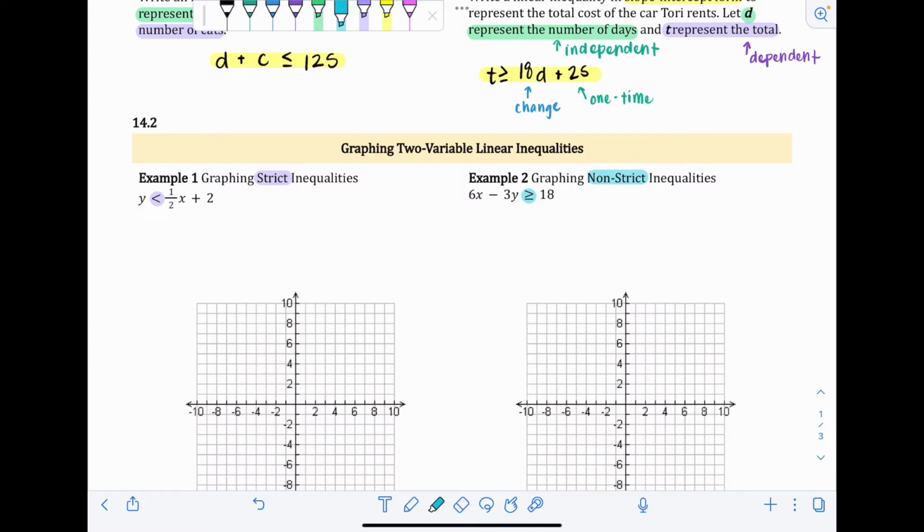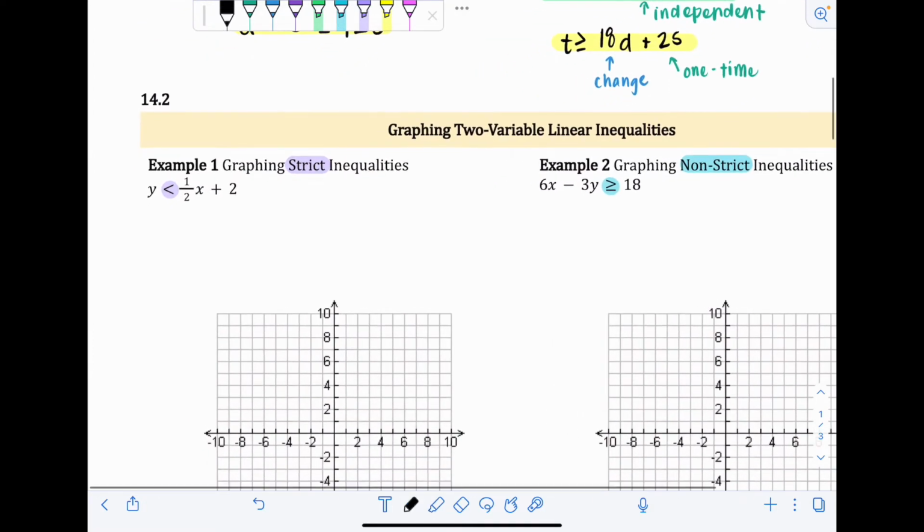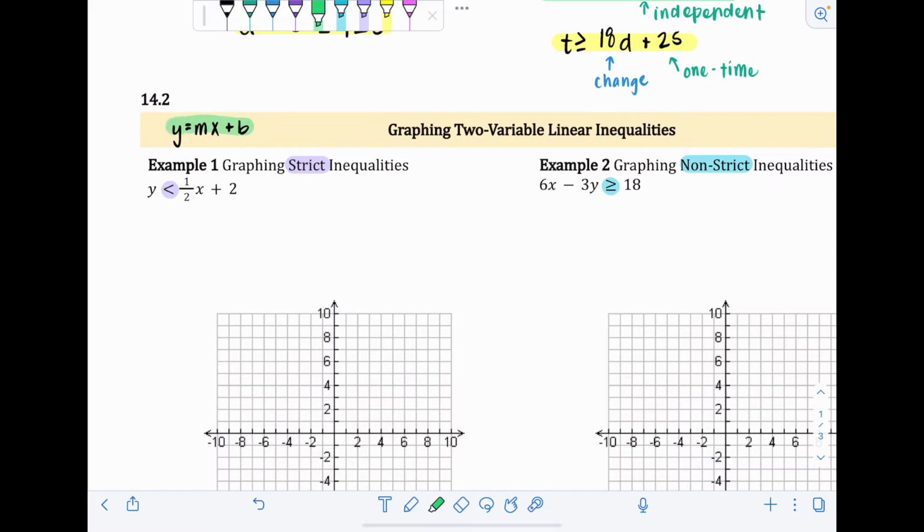So going back to example 1, example 1 is in slope-intercept form, which is y equals mx plus b. We refer to this form a lot, and I know this has an inequality symbol rather than an equal sign, but that's not really what we're looking at. We're looking at the order of the terms. It has y first, then a number times x, 1/2 x, and then plus a number at the end. So it's in slope-intercept form.